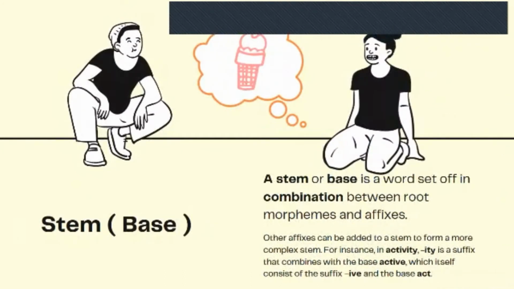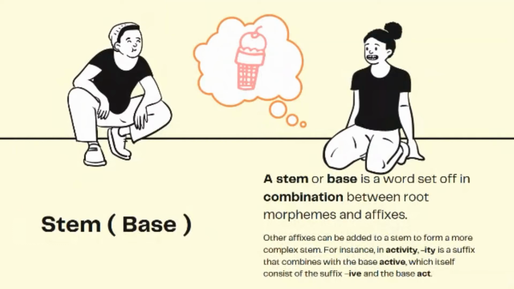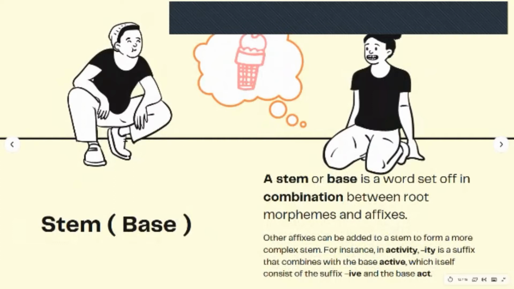There is stem or base. A stem or base is a word set in combination between root morphemes and affix. Other affixes can be added to a stem to form a more complex stem. For instance, in activity, ity is a suffix that combines with the base active, which itself consists of the suffix ive and the base act.